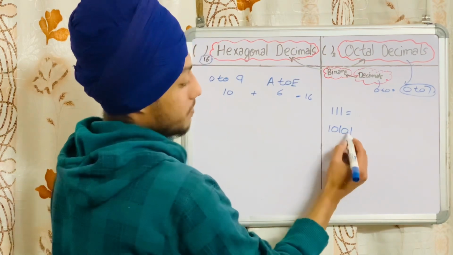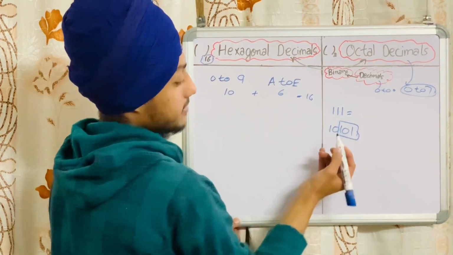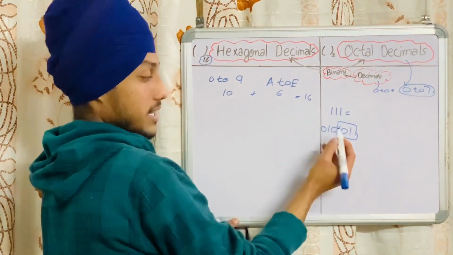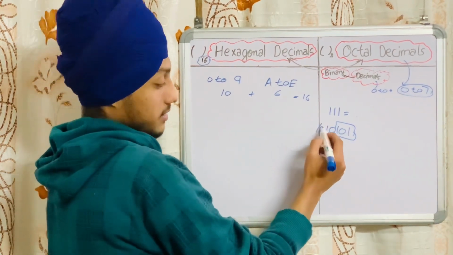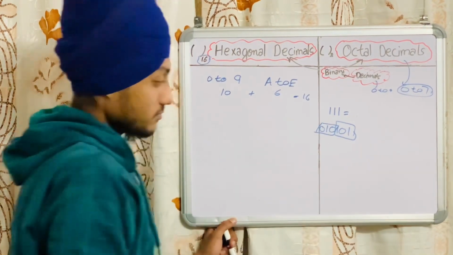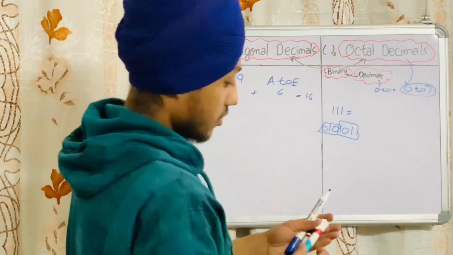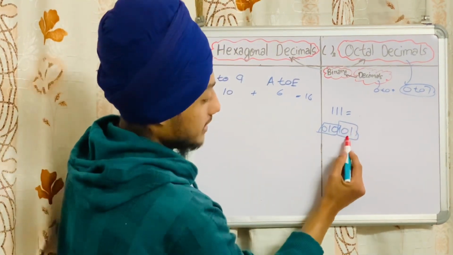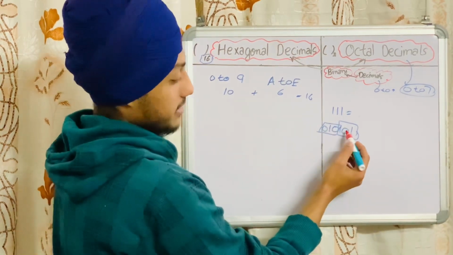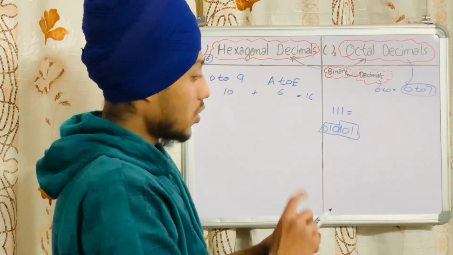So we are going to make three pairs, three pairs here, and we use 0 here for our convenience. So this is how we convert binary into octal. We have given this whole binary, then we convert it into octal system.